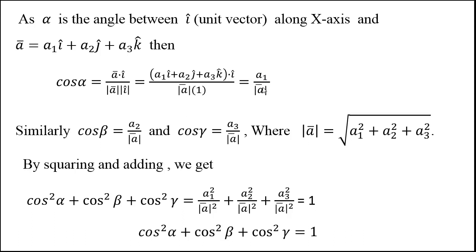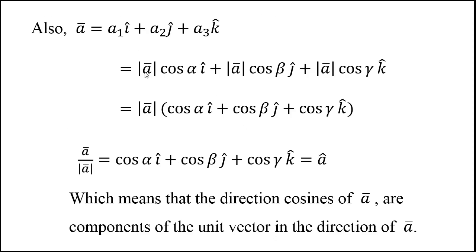So a1 is equal to a into cos alpha, a2 is equal to a into cos beta, and a3 is equal to a into cos gamma. So I will take this a common. Cos alpha i plus cos beta j plus cos gamma k is equal to this a bar on the left side divided by its magnitude.